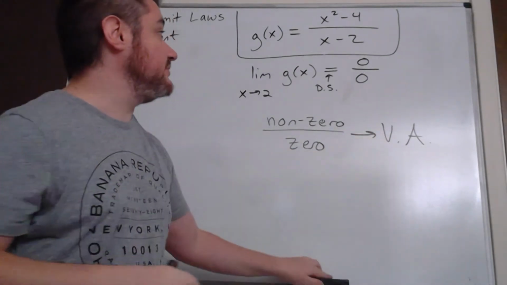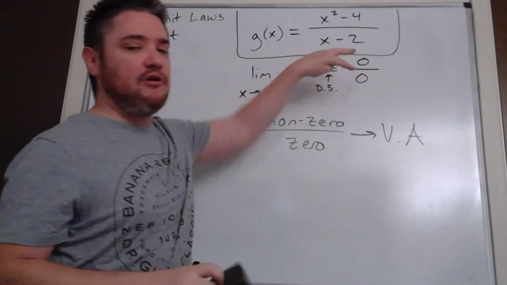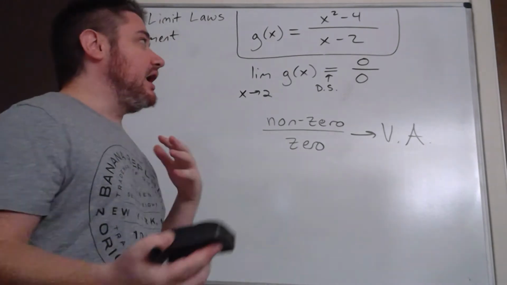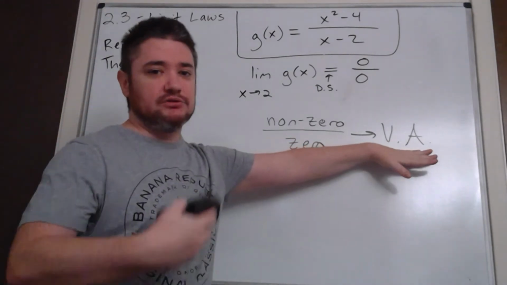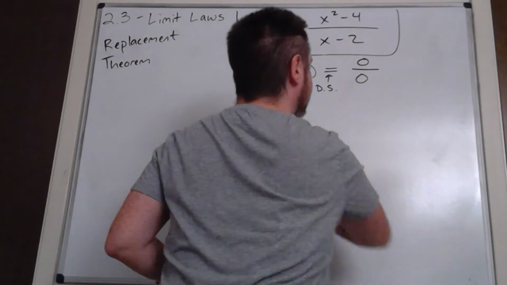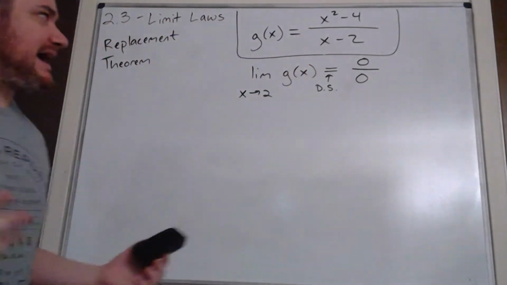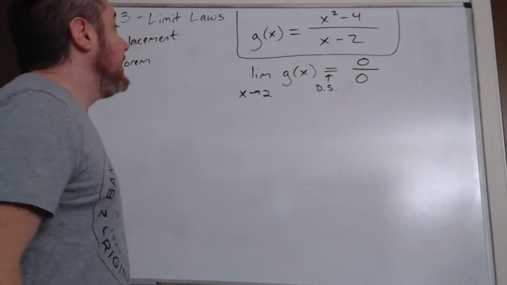Okay, so that's something to investigate. 0 over 0 means there might be a hole. There are cases where you might still have an asymptote, so we'll discuss that in time. But let's decide how we know if we have a hole, okay?